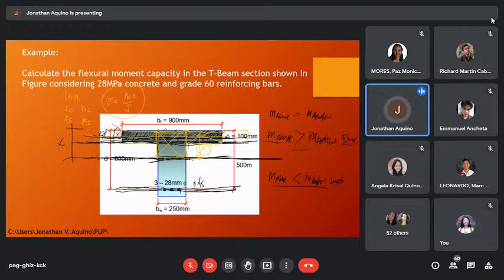If you are going to determine stress, this is your formula. If you are going to determine moment, stress is always given, Fs or Fc. Fc is 0.45 of f prime c. This f prime is either 140 for grade 60 or 170 for grade 40.